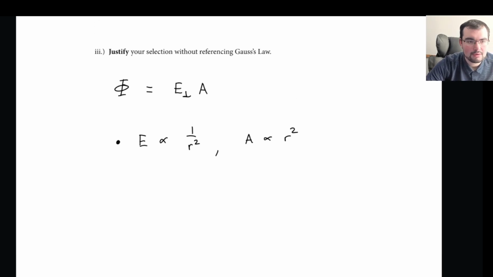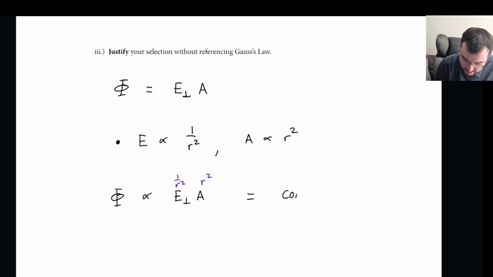So what does that mean? Well, that means that that electric flux is going to be proportional to E times A. So this is proportional to 1 over r squared. This is proportional to r squared, which is going to be constant.